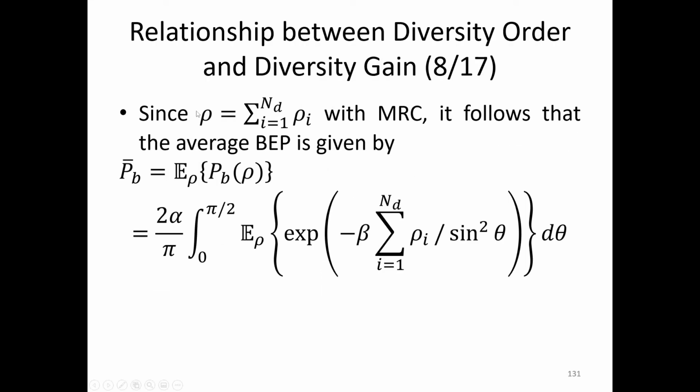Next, since rho is equal to the summation from i equal to 1 to nd of rho i, where nd is the diversity order with MRC, that is the maximum ratio combining, it follows that the average BEP, that is the bit error probability, is given by P bar B, equal to the expectation of PB of rho with respect to rho.